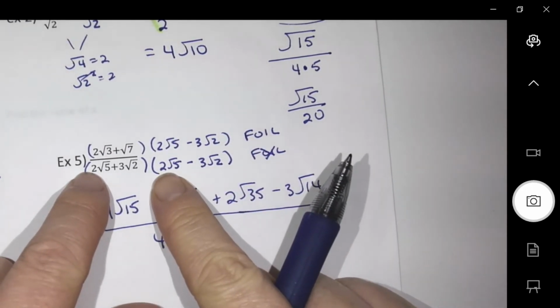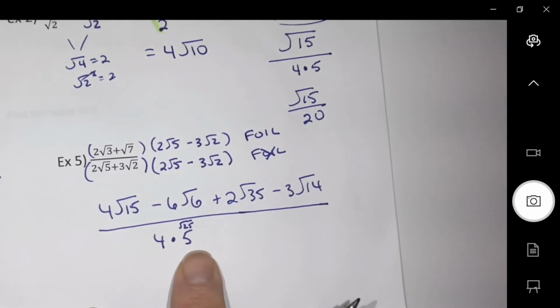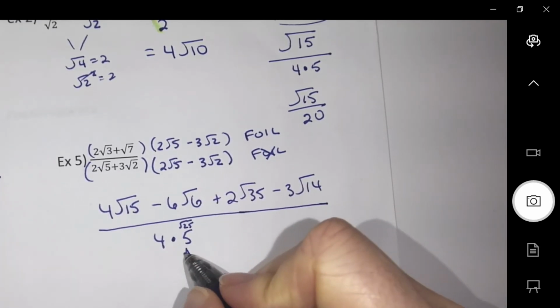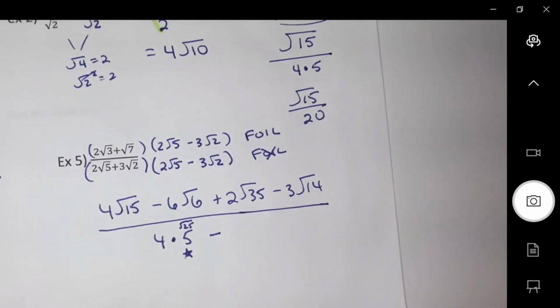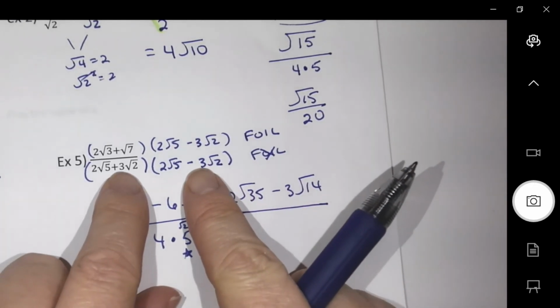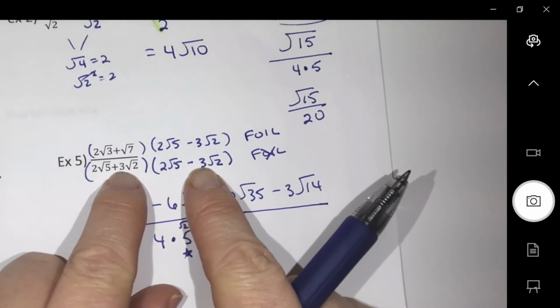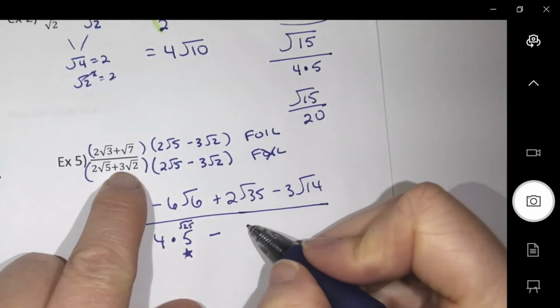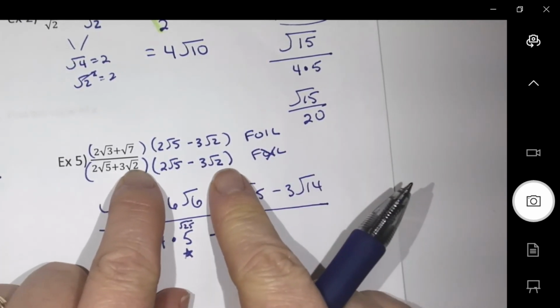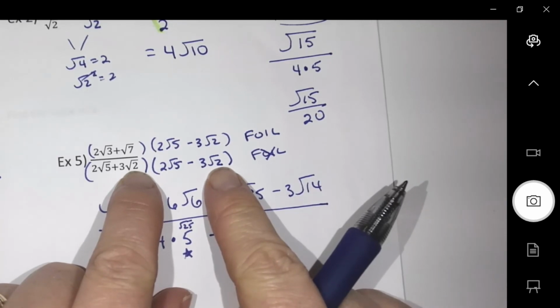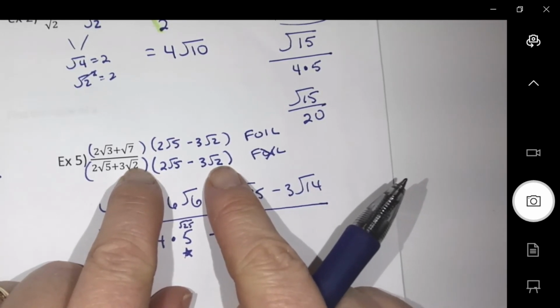So 4 in the front, and then the radical parts will make a whole number 5. Okay. Minus, that's always a minus. Plus minus. So here we go, the last. There's a 3 and a 3, so that's going to be minus 9. And then there's a root 2.